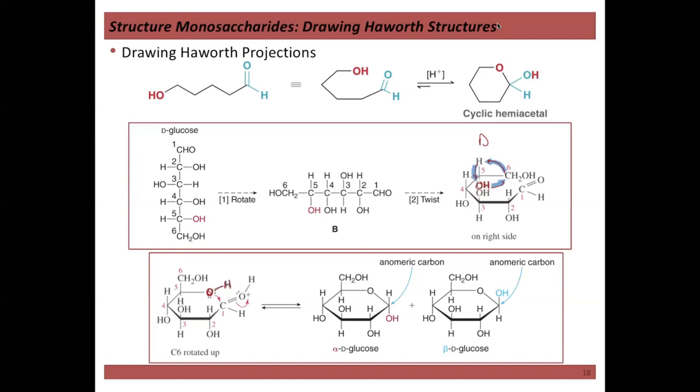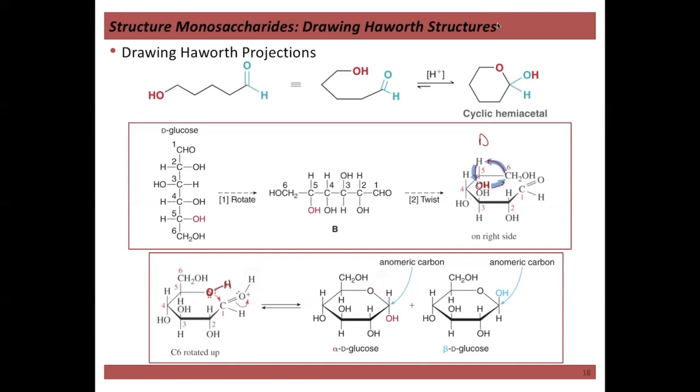So how does hemiacetal formation work? Remember back to the carbonyl chapter, we protonate the carbonyl and then simply the alcohol attacks. And then we deprotonate the attacking OH. So once this OH attacked here, it would actually have a positive charge, and then a base comes and deprotonates it.